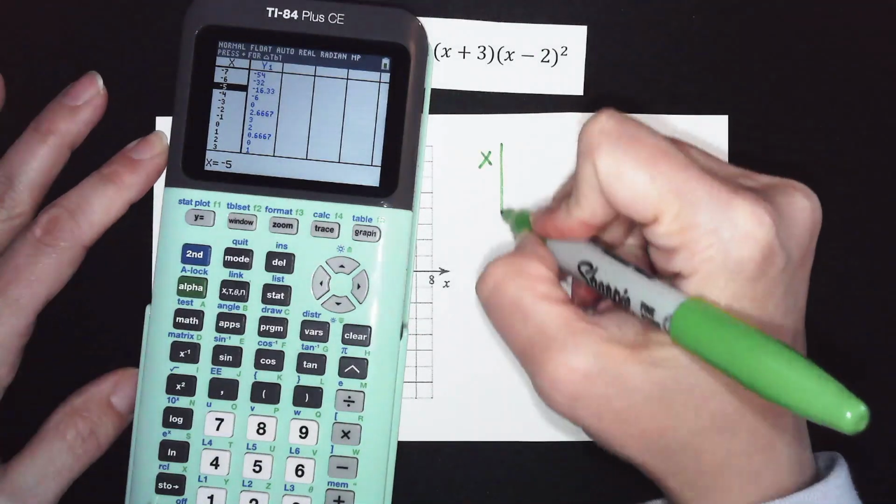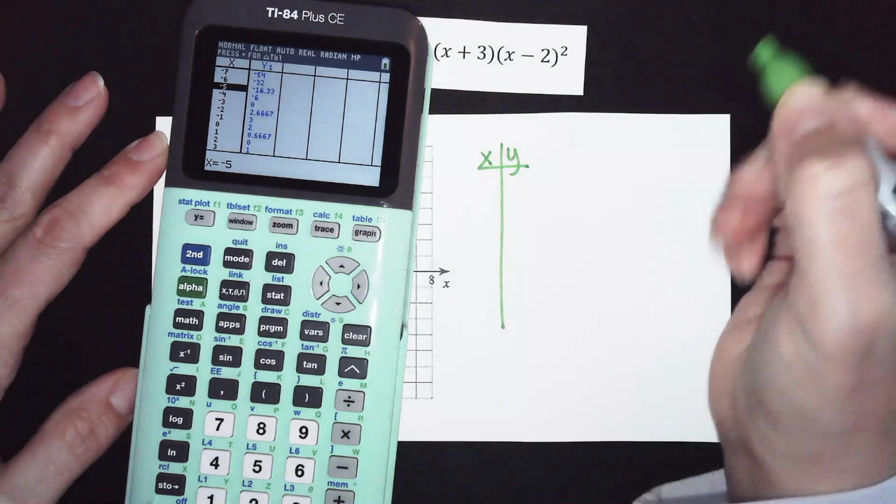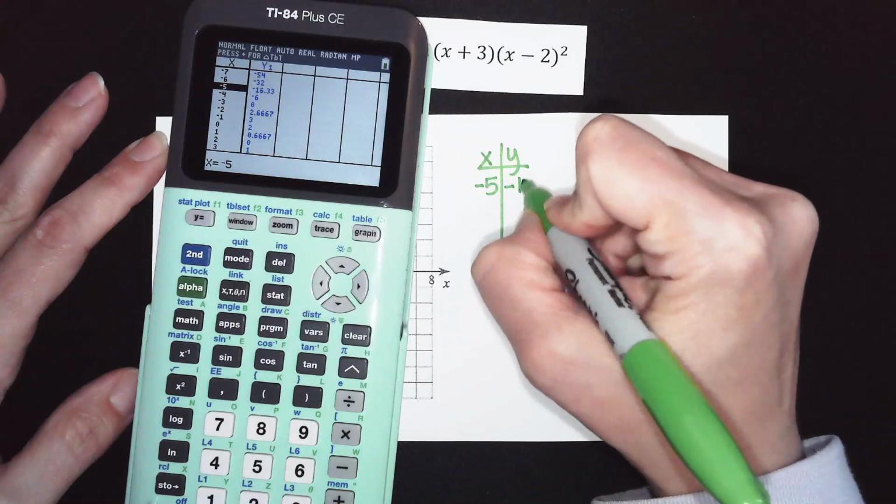So when I write my table, I have a -5, -16.3.